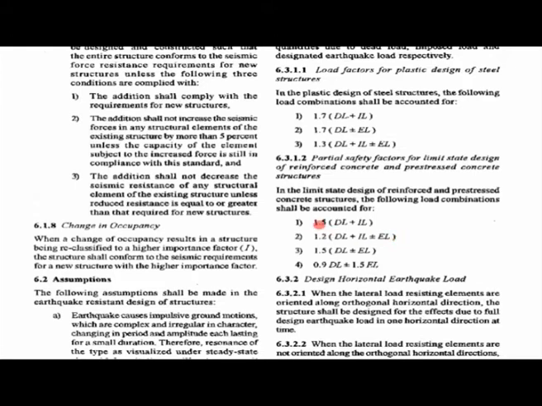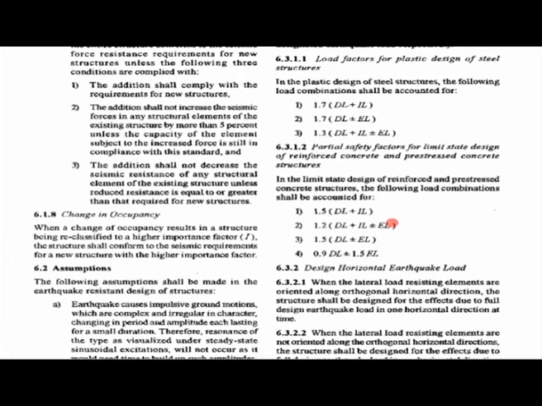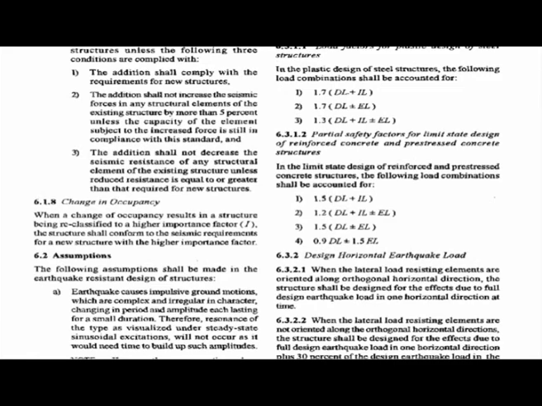Either you have to add that or subtract it. Then again it will be 1.5 times dead load plus or minus earthquake, with no live load taken. Then 0.9 dead load plus or minus 1.5 earthquake load. That means you are reducing the dead load and increasing the earthquake load. So these are the different factors we use for different loads.